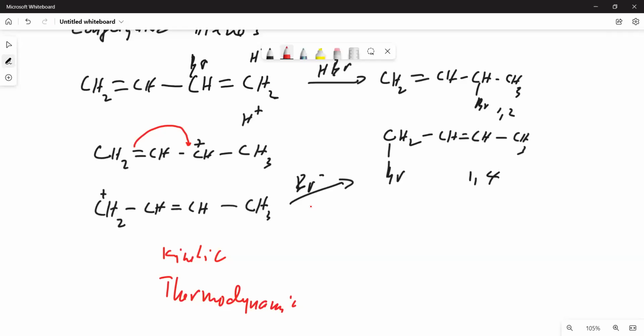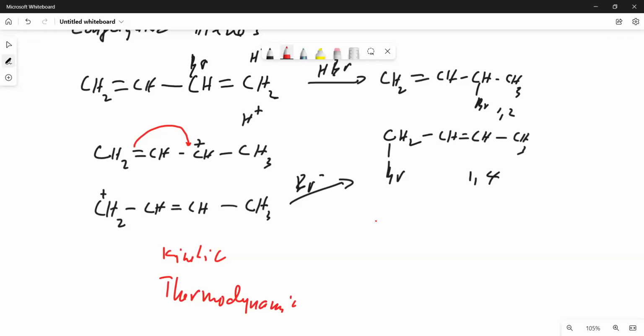A kinetic controlled reaction usually happens if the reaction is irreversible, class. An irreversible reaction usually happens at very low temperature, no? Because at very low temperature, once the reactants form the product, they cannot go back.